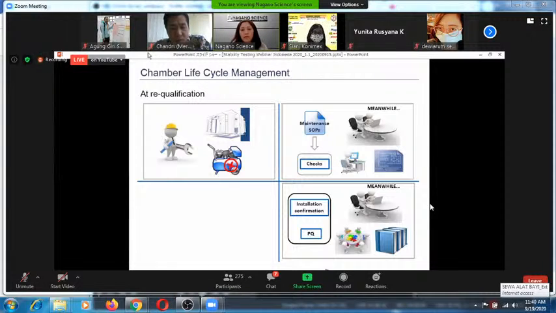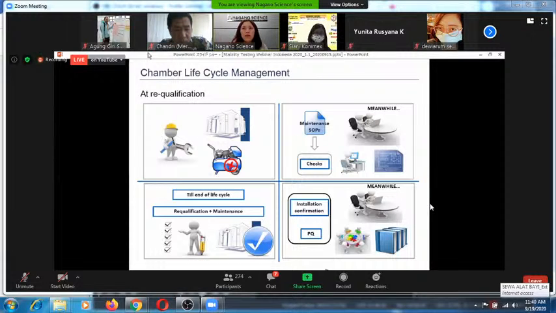Also, similar installation confirmation and PQ every year or periodical year until the end of the cycle, which means until the chamber is unable to be used. You have to think about how to manage the chamber, which is the chamber life cycle management.